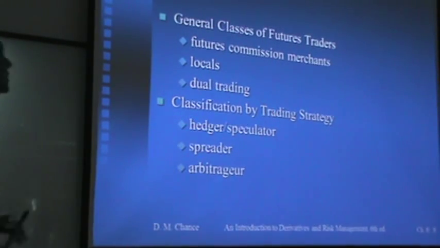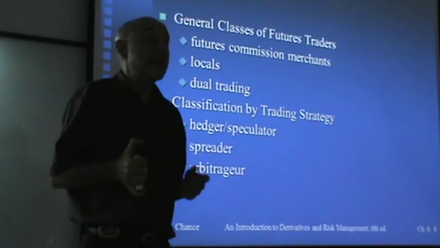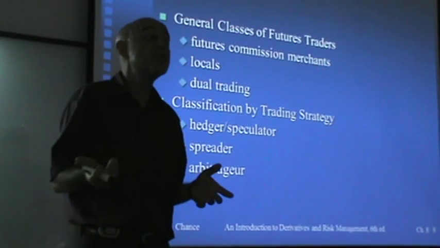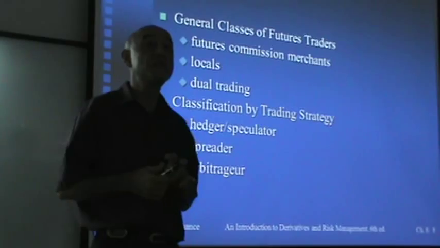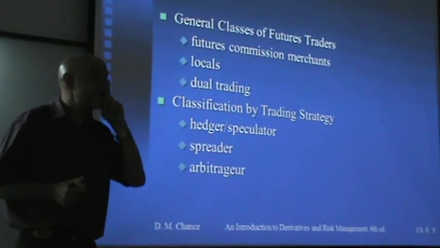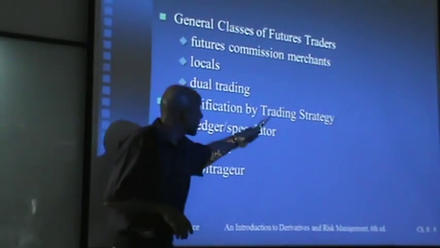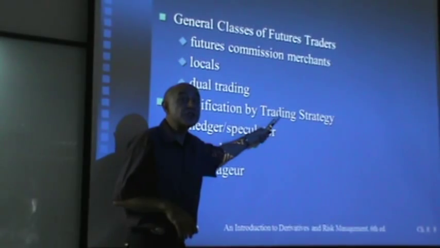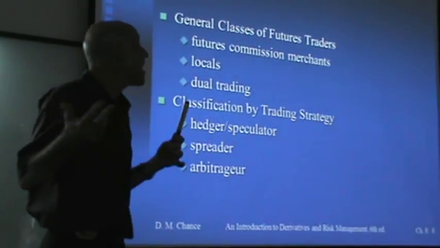All right, who are the futures traders? In other words, who trades on the futures markets? There is a large number of different classes of traders, and the classification will depend on different things. For example, it will depend on trading strategy, or on your relationship to the exchange.